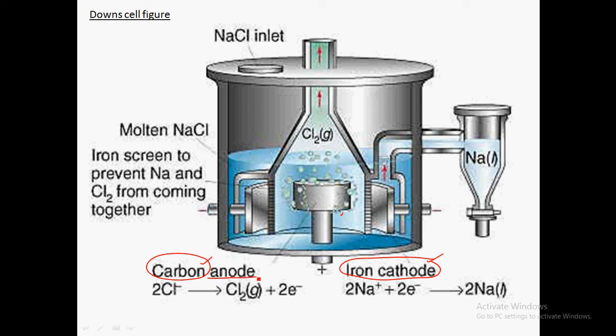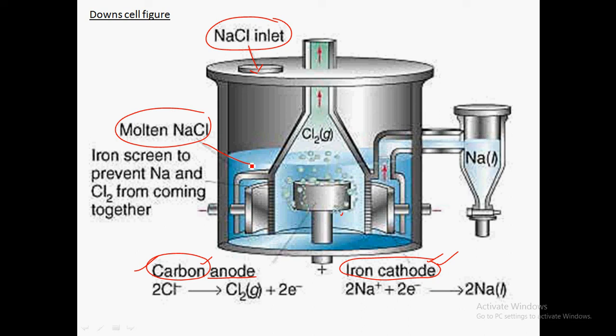So what is happening at anode and what is happening at cathode? Let us have a glance at the picture. At the inlet, we are sending sodium chloride, which is in molten form.